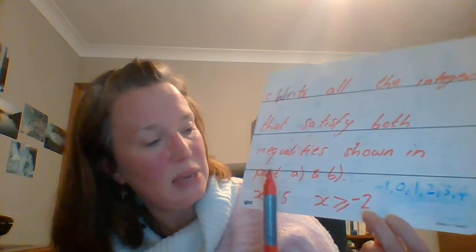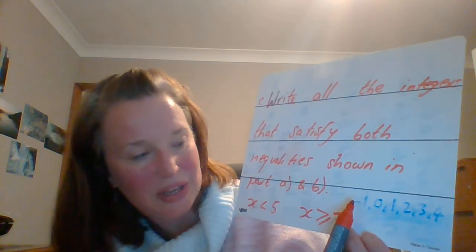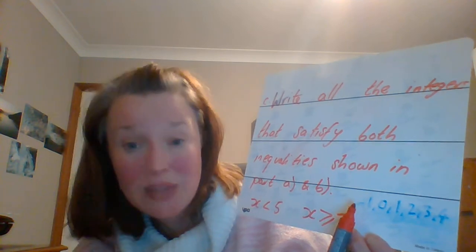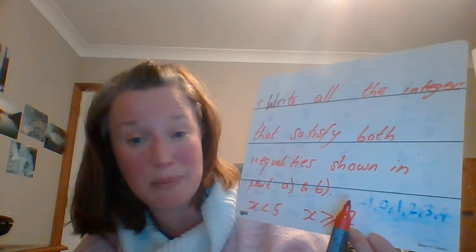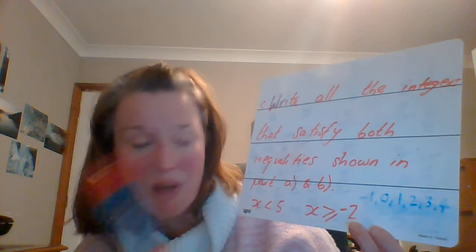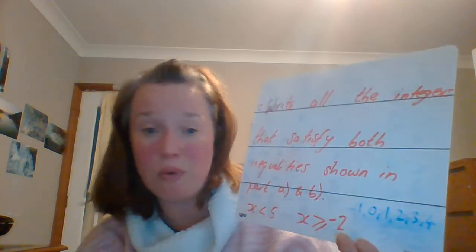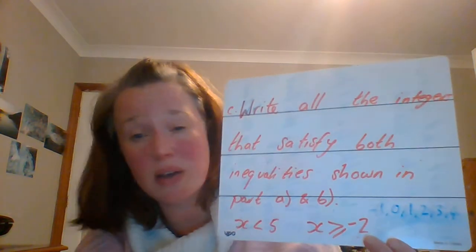Thinking about those two ranges, we now have the answers in between those two sets of numbers. So in between 5 and -2 are the numbers -1, 0, 1, 2, 3, and 4. That's all that question was asking, Primary 7.